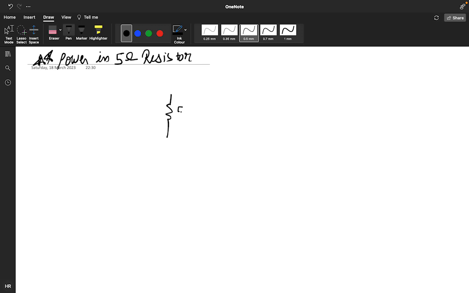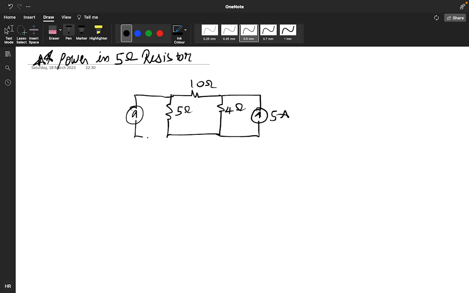This is your 5 ohm, this is your 10 ohm, this particular one is 4 ohm, this is a 5 ohm, and this is your 4 ampere. So how can you do it?